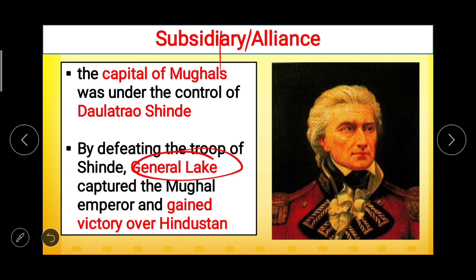In that, we have to talk about dual government, parliamentary laws, civil services, military and police force, judicial system, equality before law, economic policies of the British, land revenue policy, consequences of new land revenue system, commercialization of agriculture, famine, development in transport and communication system, decline of traditional industries in India, development of new industries in India, and the last point of this topic, social and cultural effects. So all these points we'll study in the next session.